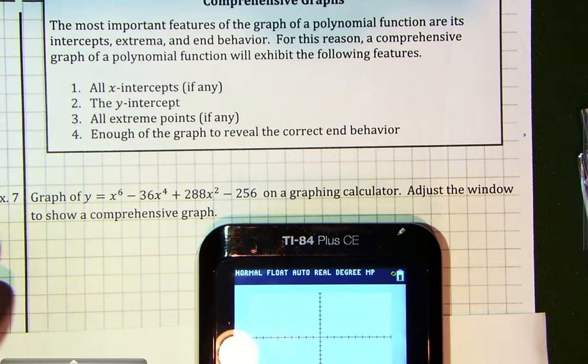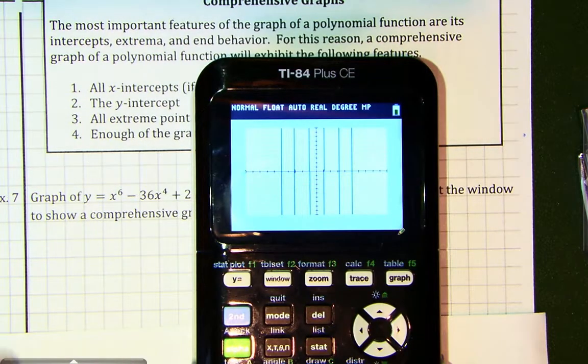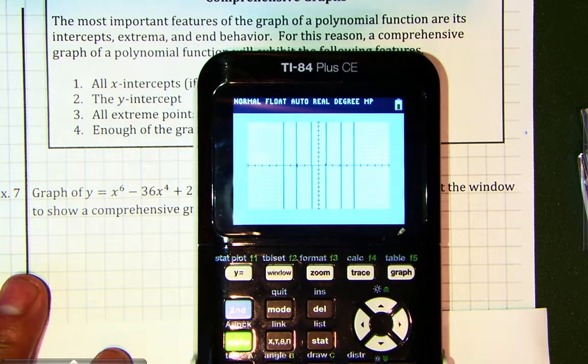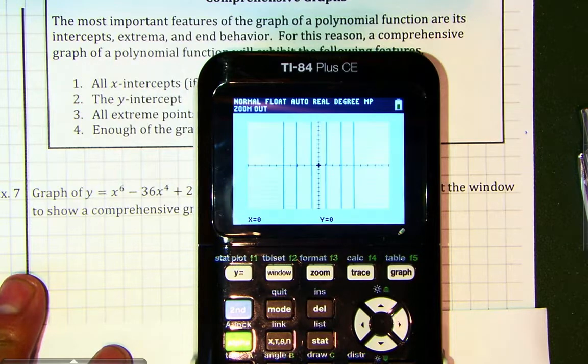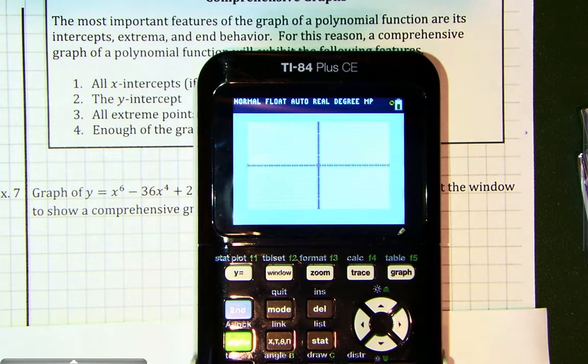And it's going to graph it. And I just see a bunch of lines. So that doesn't tell us anything about the graph, right? So let's zoom out, and then we can see how high it goes, and then we can start adjusting it.